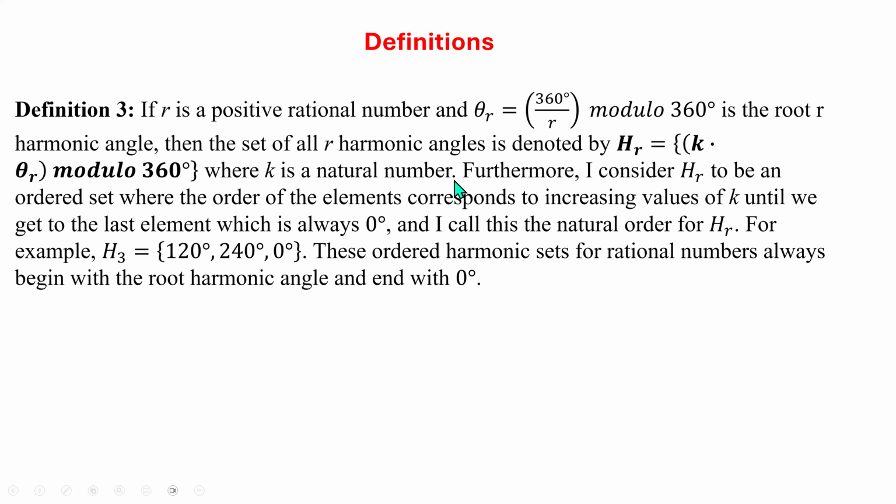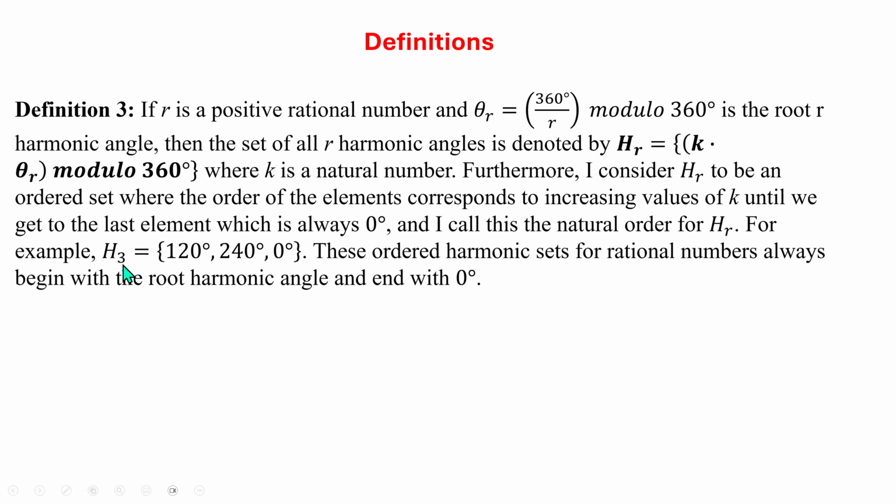An example down below will clarify that. But first, furthermore, I consider H sub R to be an ordered set, where the order of the elements corresponds to increasing values of k until we get to the last element, which is always 0 degrees, and I call this the natural order for H sub R.